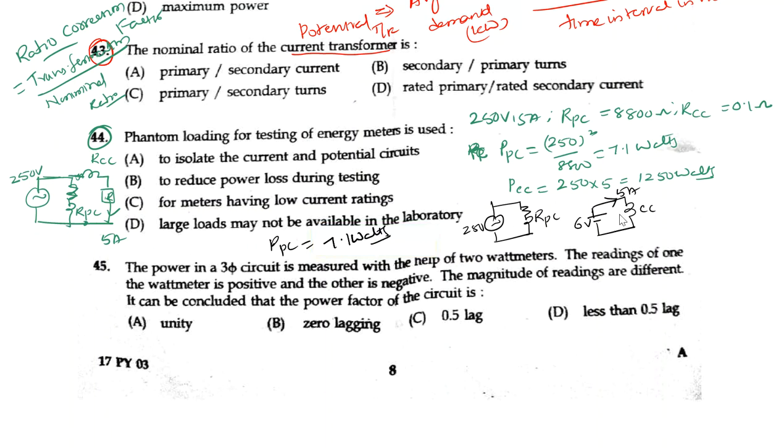But what about the current coil? So PCC is nothing but 6 volts we are applying into 5 amperes as the current carrying. So total how much? 30 watts. Now the entire power consumed in the second case is P is equal to 30 plus 7.1, it is nothing but 37.1 watts.